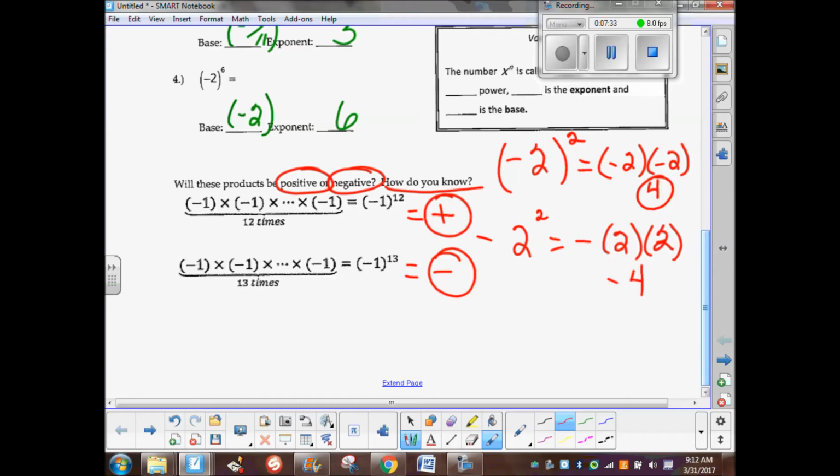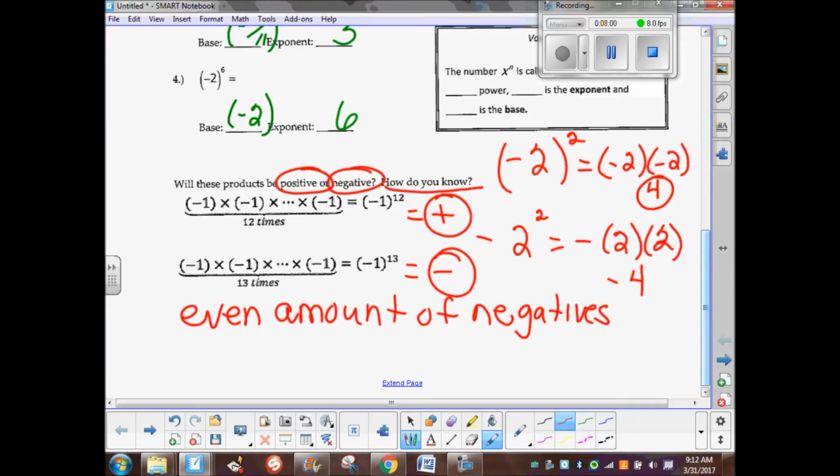If I have 2 negatives, negative times a negative gives me a what? Positive. But if I have a negative times a third negative, negative times negative is positive, and then a positive times a negative is negative. So let's summarize: when you have an even amount of negatives, the answer is positive.